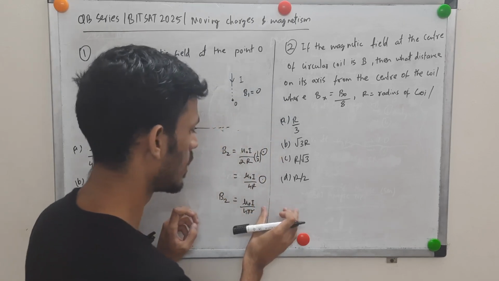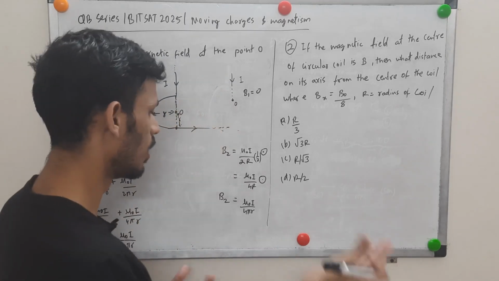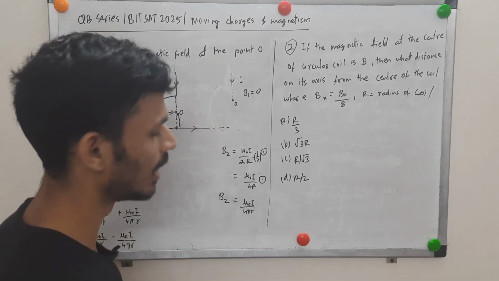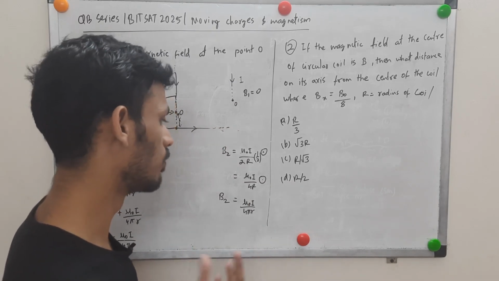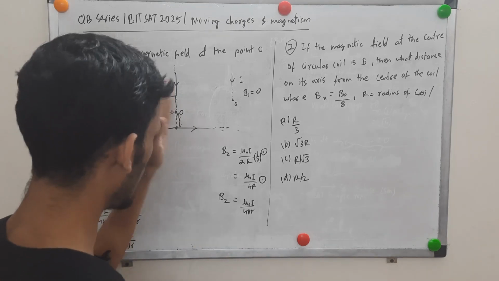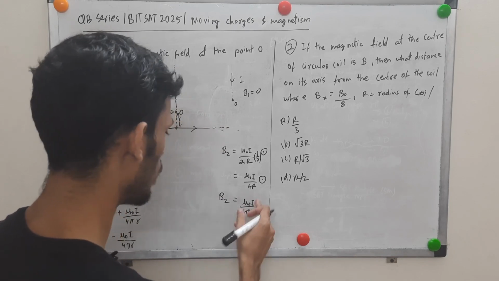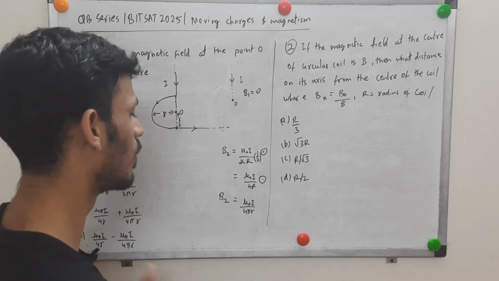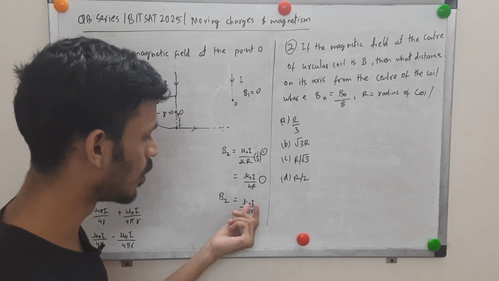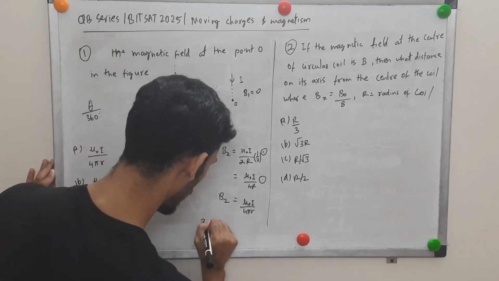Of course there is sin theta 1 plus sin theta 2, and for the semi-infinite case one becomes 0 and one becomes 90. This is for semi-infinite. If you have an infinite wire, it will be mu 0 I upon 2 pi r. You'll see this formula again and again.